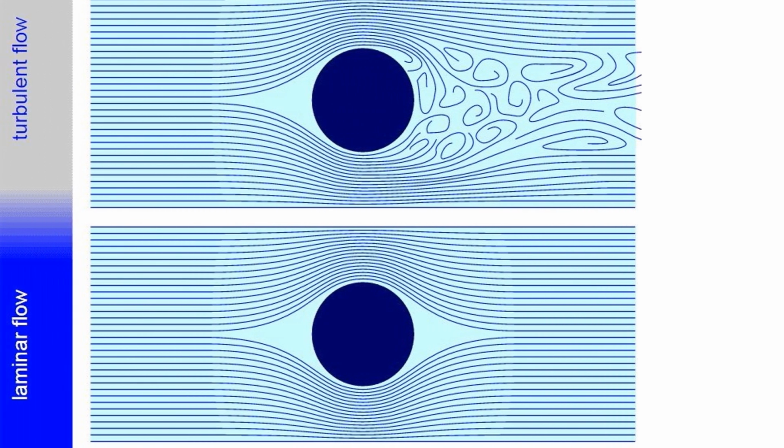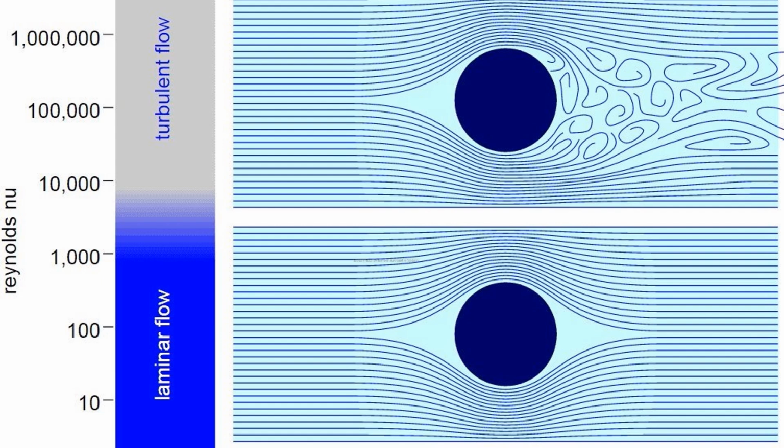The Reynolds number essentially compares inertial forces like momentum to viscous forces like friction around the sphere. It acts as a switch that determines whether fluid behaves smoothly or chaotically around a sphere.